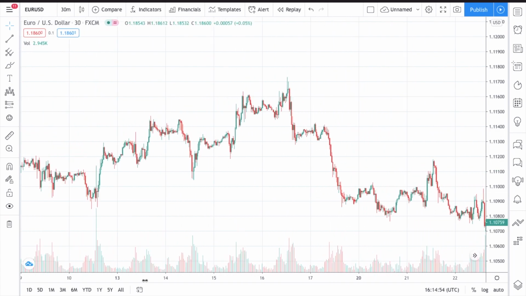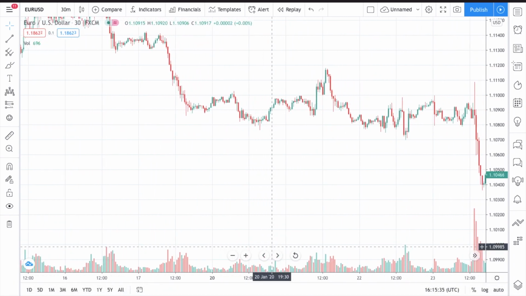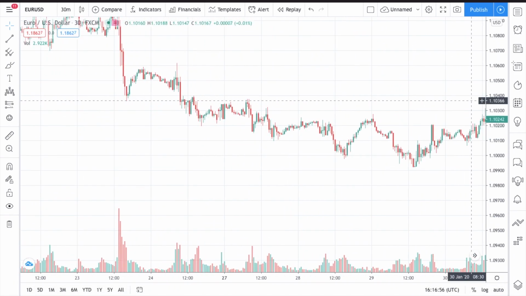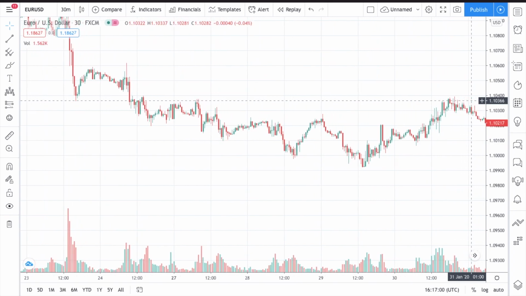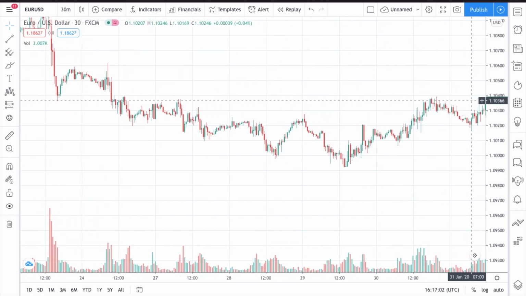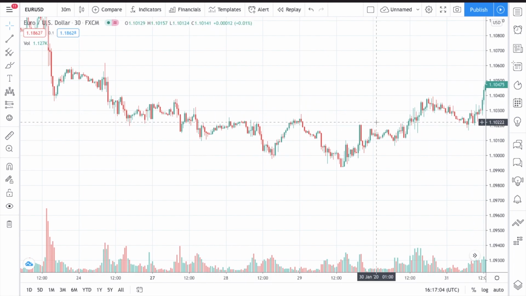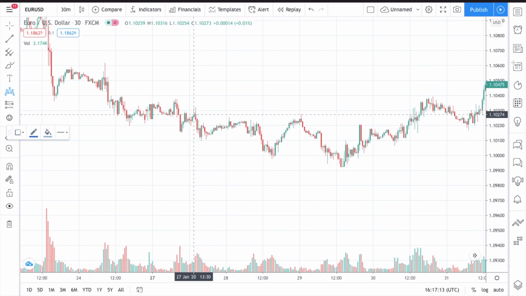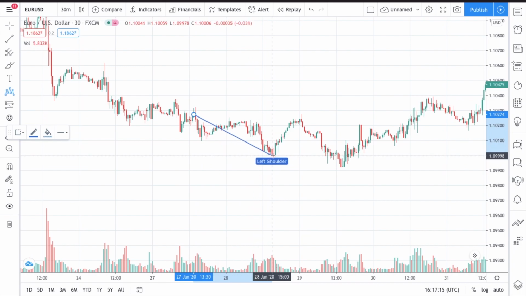Now let's keep looking for more. Once more, we can see a potential head and shoulders pattern forming. However, this time it's an inverse one.